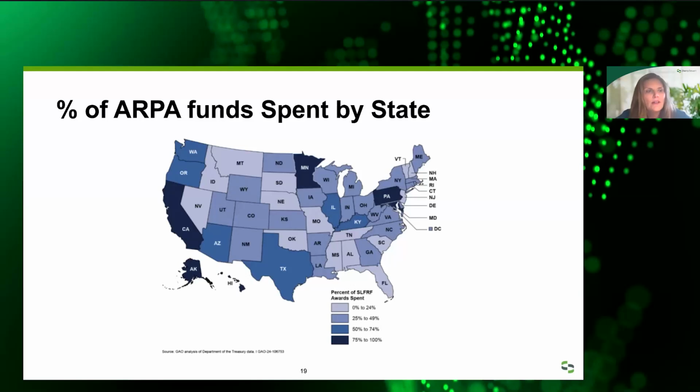And I had a very large tribal government that I worked with where we had conversations and they got $1 billion in ARPA funding. And one of the conversations we had was, okay, have you programmed out all of these funds? And they were like, yeah, we have everything programmed out, all $1 billion. This is great. We're so excited. And I said, okay, well, you have a 33% indirect cost rate.